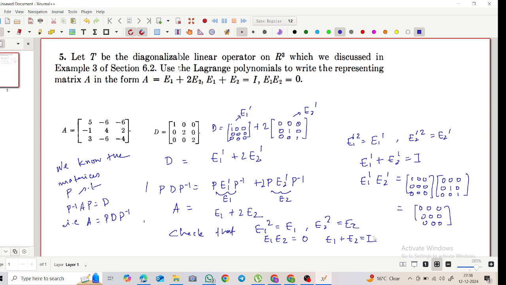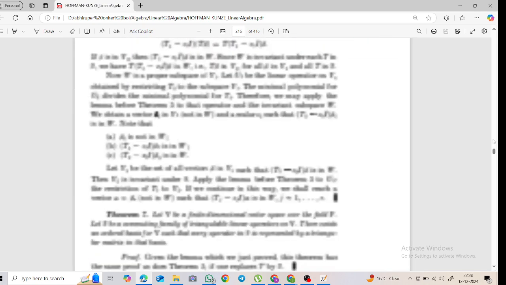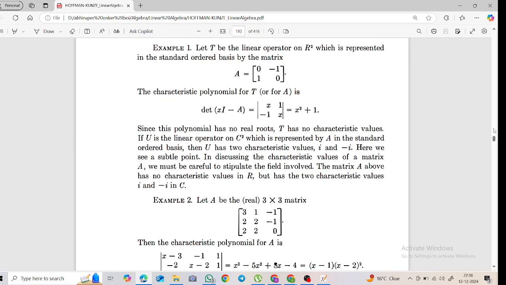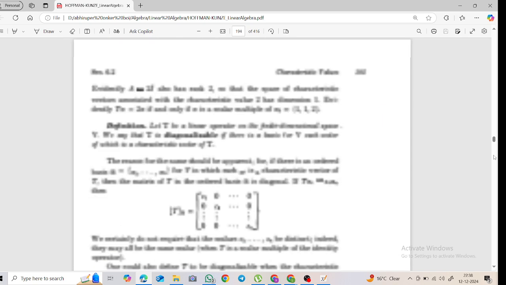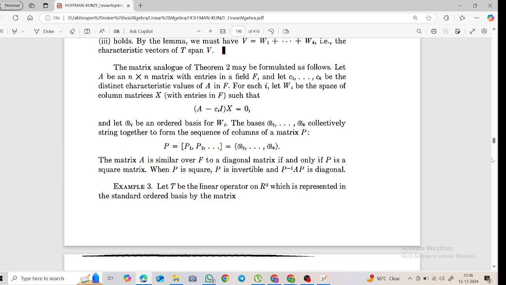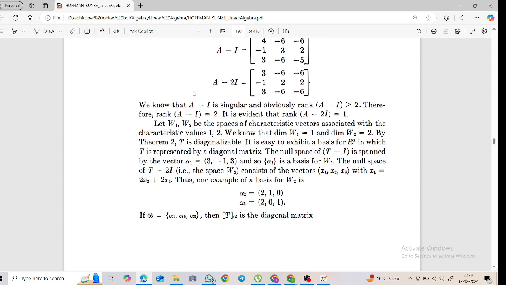Okay, you know what P is now? P was done by, we compute P by alpha 1, alpha 2 and alpha 3, right?